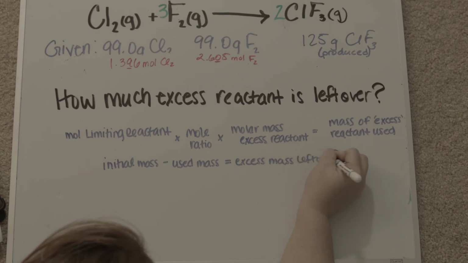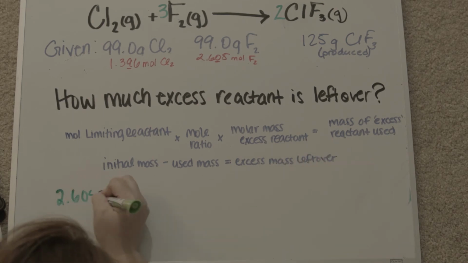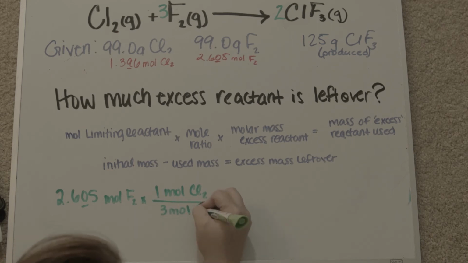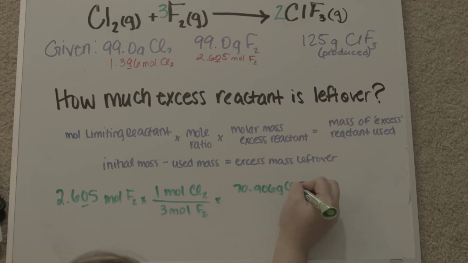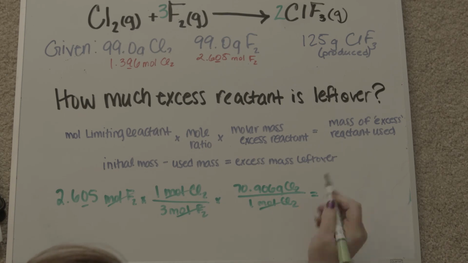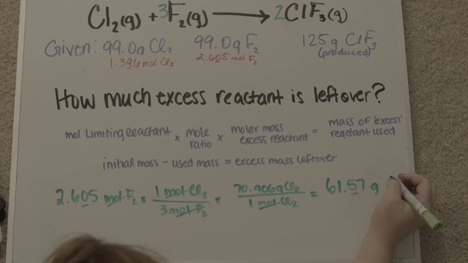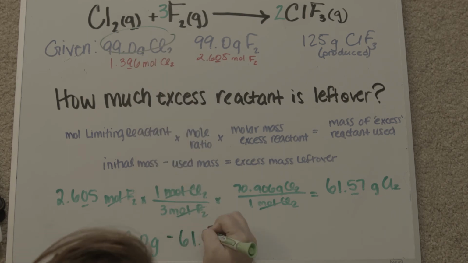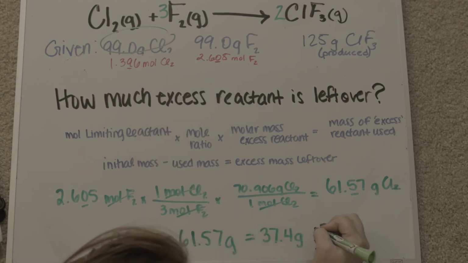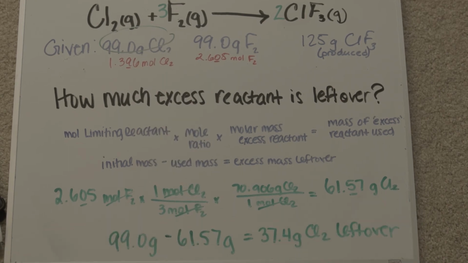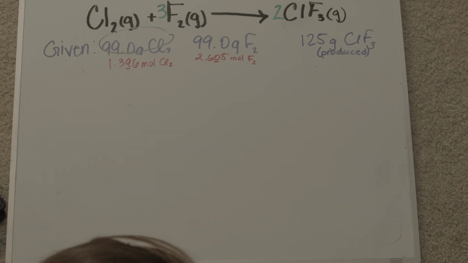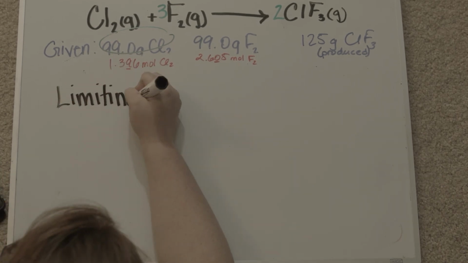So initial, and then you subtract the used mass from the initial mass to get the excess that's left over. So 2.605 fluorine times 1 mole of chlorine over 3 moles of fluorine times the molar mass of chlorine is 61.57 grams. And then you have 99.0 grams minus 61.57 grams equals 37.4 grams of chlorine left over. And remember your sig figs for that too.